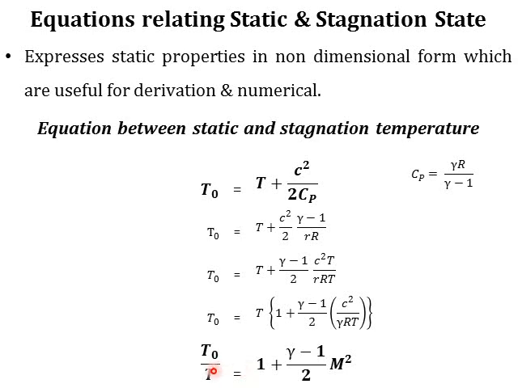Now we see that the static temperature has been expressed in a non-dimensional form using the stagnation temperature, and on the right hand side the terms are the specific heat ratio and the Mach number, which itself is a non-dimensional number. Hence we have been able to successfully non-dimensionalize the static temperature using the stagnation temperature.